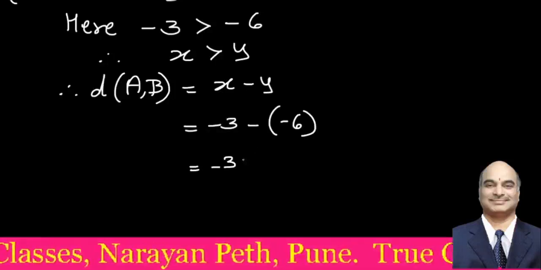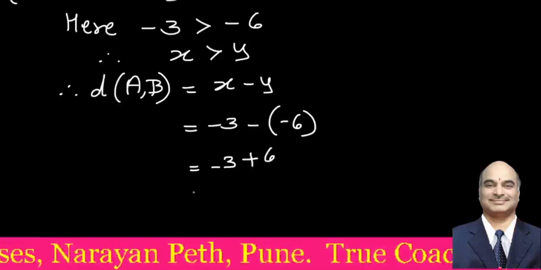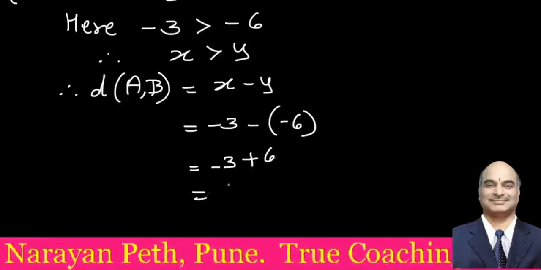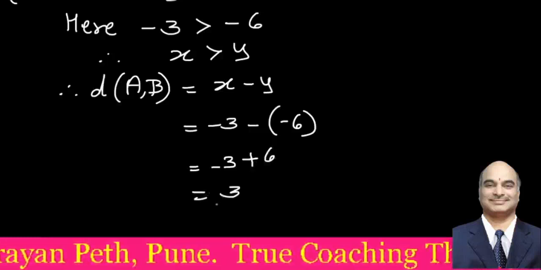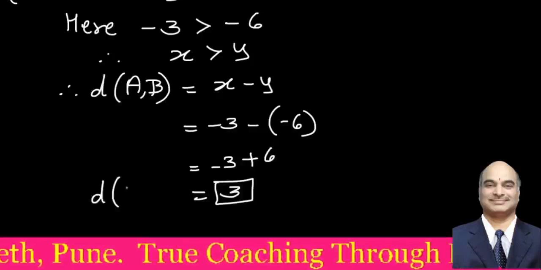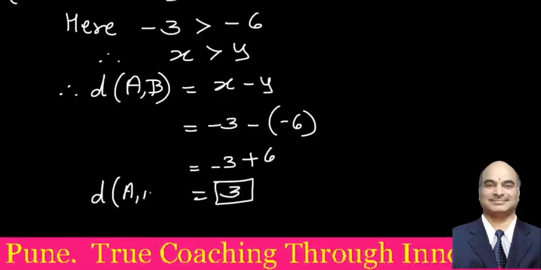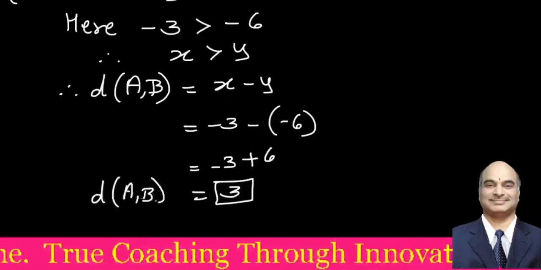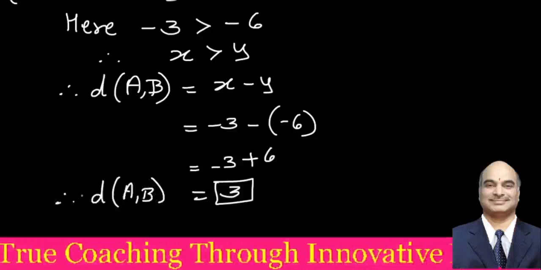So minus into minus is plus 6, and we get minus 3 plus 6, which is 6 minus 3, equal to 3. So here we get the answer: distance AB is equal to 3.